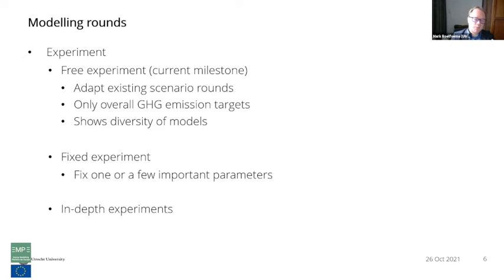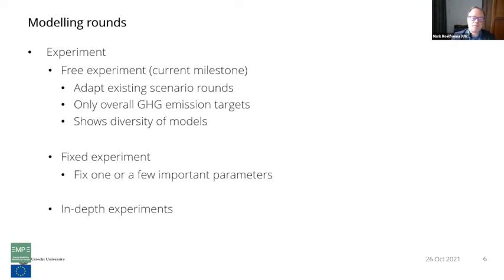So then what we want to do is we want to do this comparison in 3 rounds. We call it experiments. So first we have a free experiment. That's actually where we say to the model teams, okay, you probably already have something on the shelf, a current trends and/or a neutrality scenario, and only make sure that you meet the overall greenhouse gas emission targets. And this will give us very good insight about the diversity of the models.